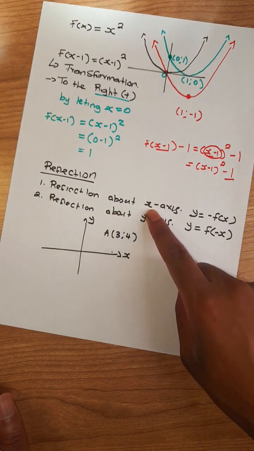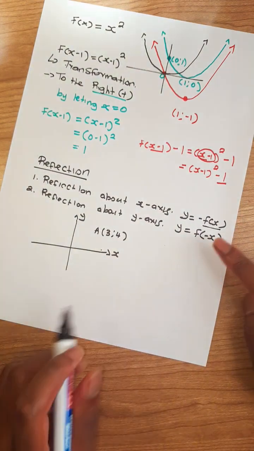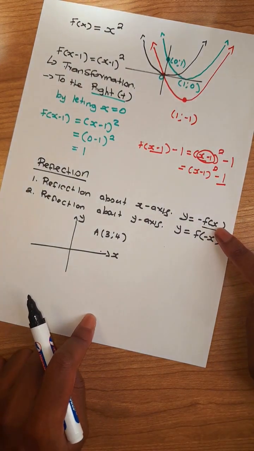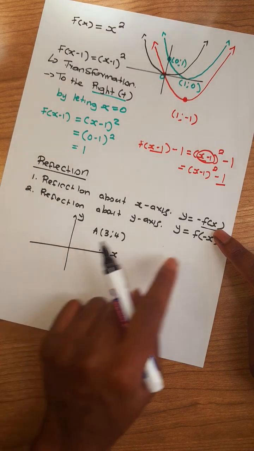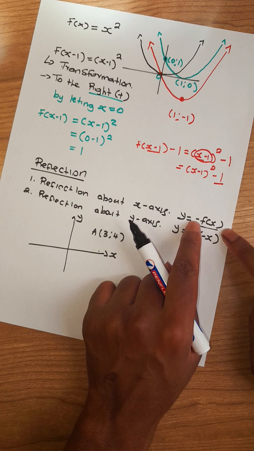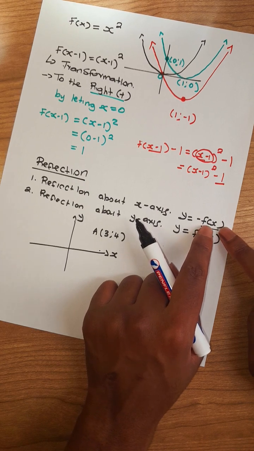When we reflect about x-axis, remember, f of x means the value of y. We know that, right? f of x means the value of y. What have we done to this point? They've actually put a minus just before the value of y, isn't it? So what do we want to do with that?